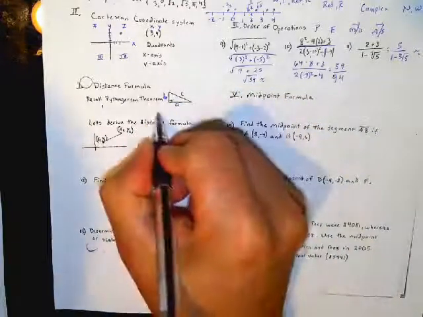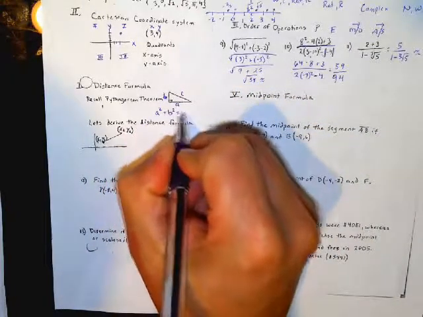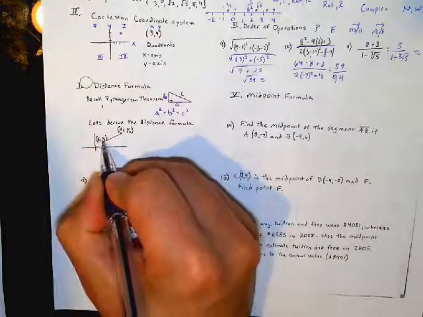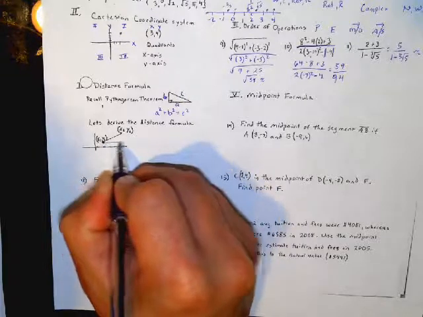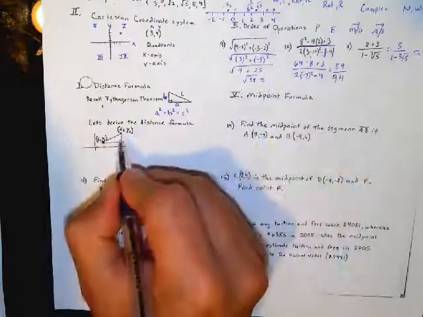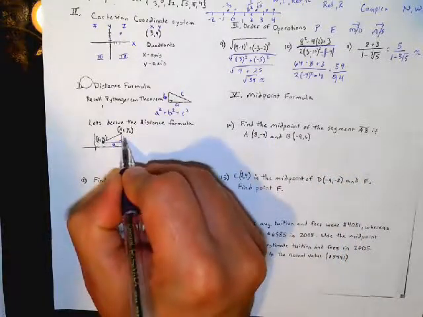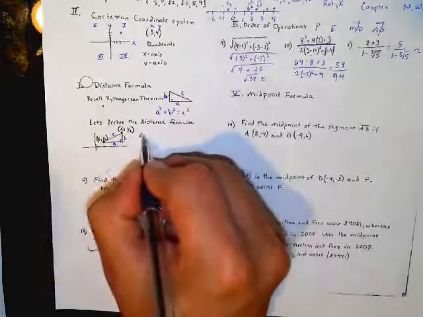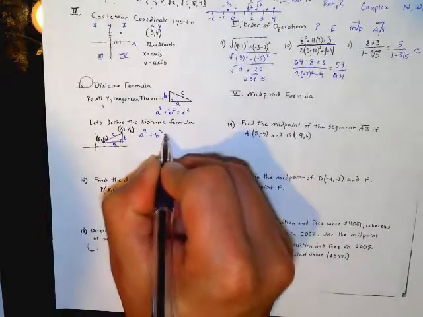So let's derive that formula. If we make this right triangle right here, and let's make this the a, and that's the b, and that's the c. It really doesn't matter which is the a and the b.